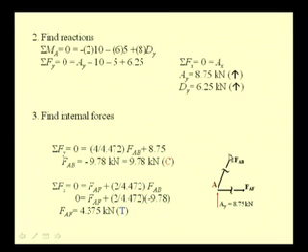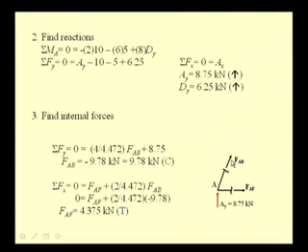Here we assume that all the internal forces are tensile in nature, thereby these vectors are pointing away from the joint A. From this free body diagram, we can write the two force summation equations, that is summation of all vertical components should be 0 for equilibrium and summation of all horizontal components should be equal to 0.